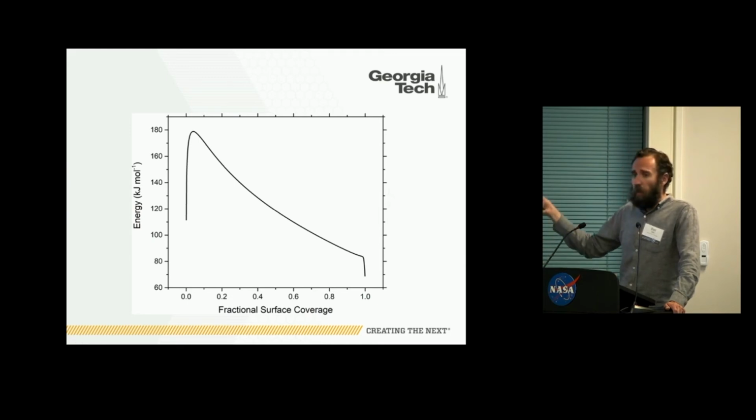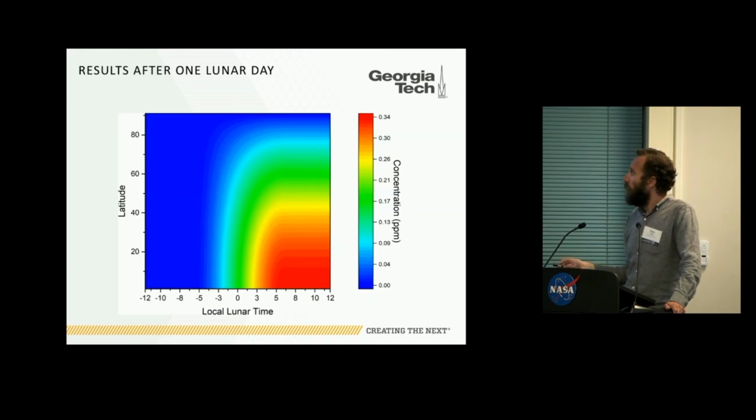So then we stick this activation energy in the model and repeat what we just did. This is what you see. Again, the vertical axis is latitude, the horizontal axis is the lunar time. And you do not see an immediate diurnal change, right? So this is sort of what you would expect, what I said earlier, that the highest concentration of MOH would be in the equatorial region because it's not going anywhere.